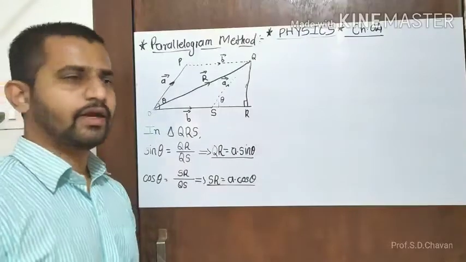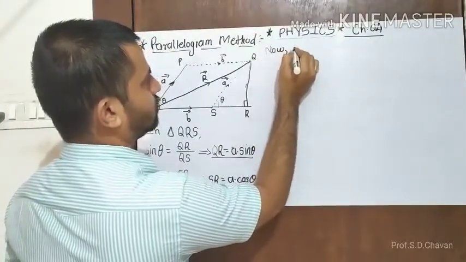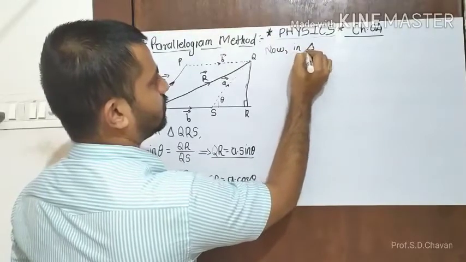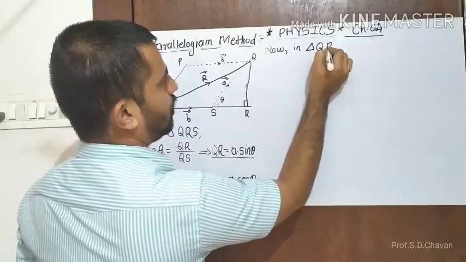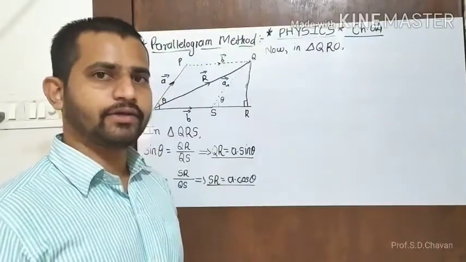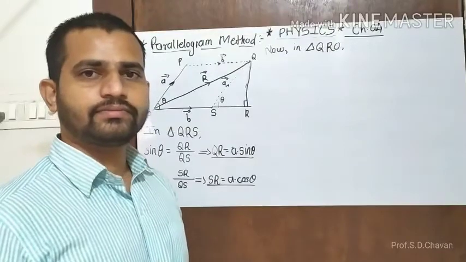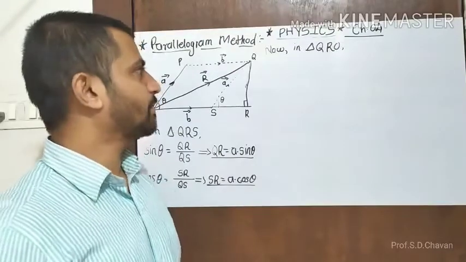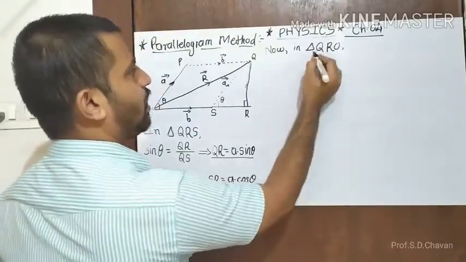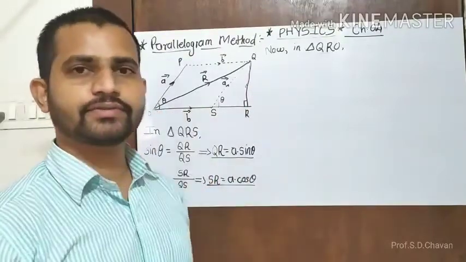In triangle QRO, again we have to apply the right angle triangle theorem. From triangle QRO, what is the hypotenuse?